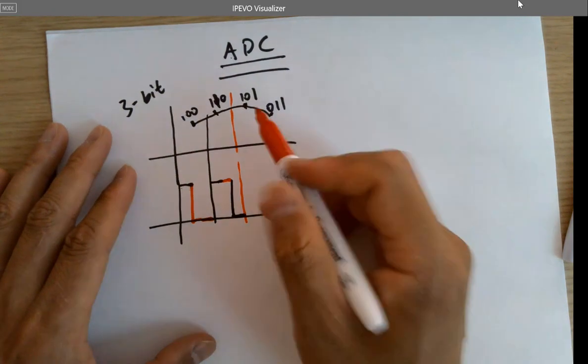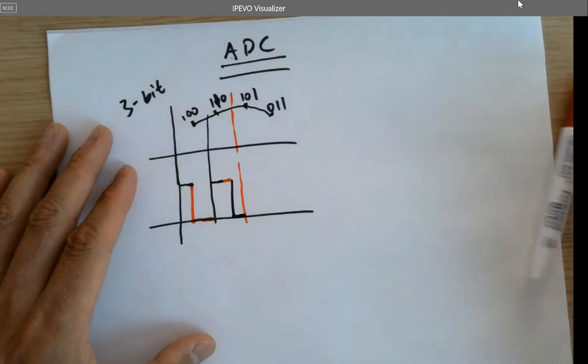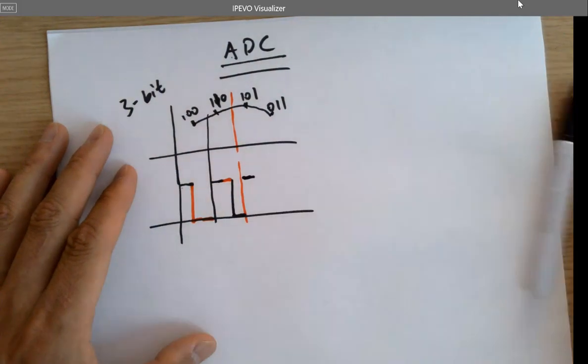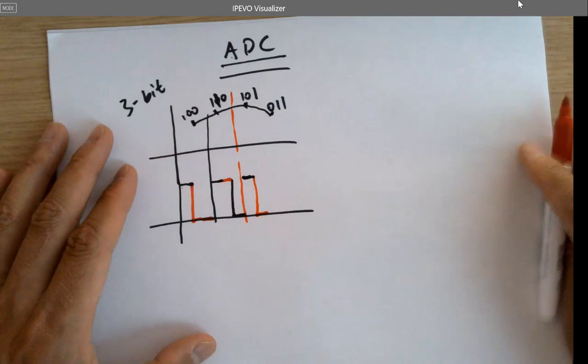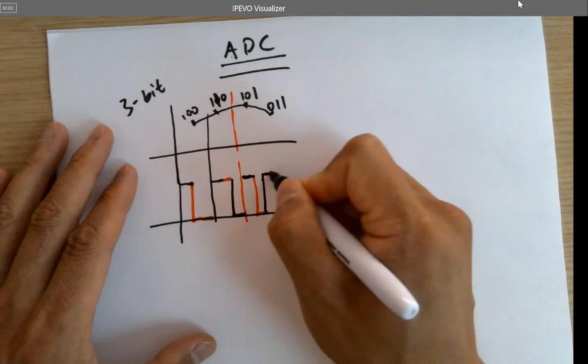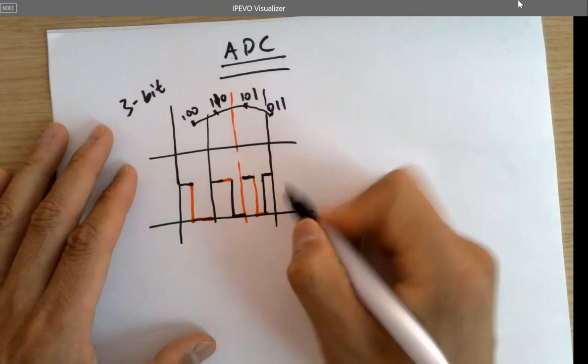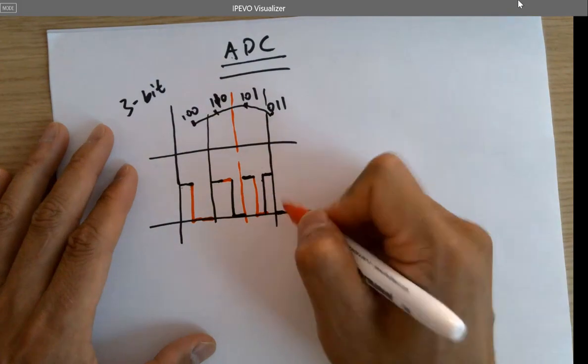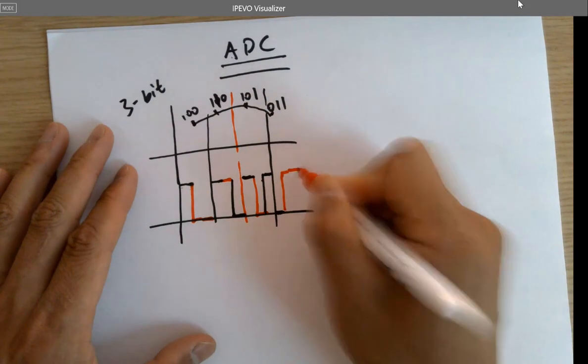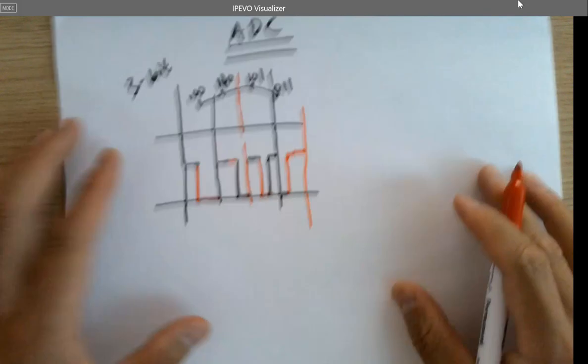And for this one, it is 1, 0, and 1. And for this one, it's 0, 1, and 1. Okay.